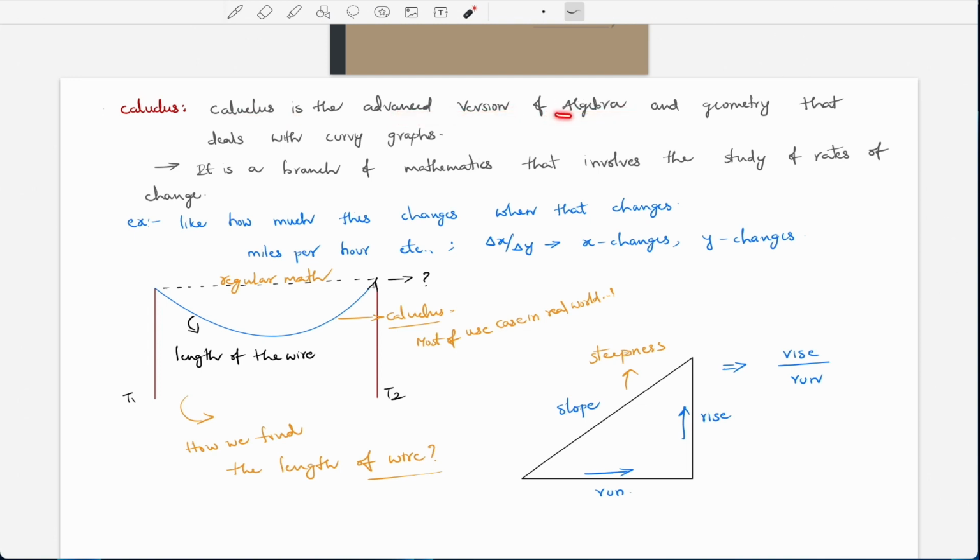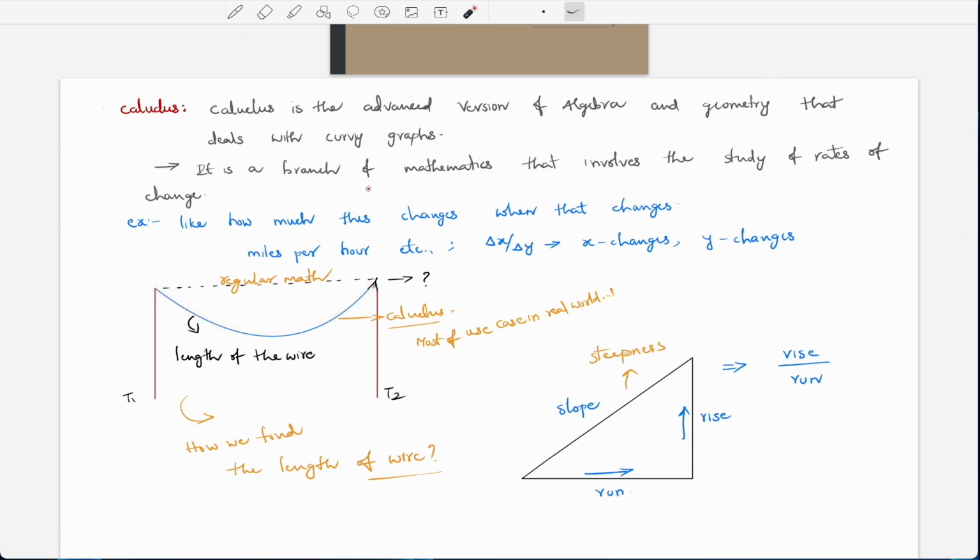We have discussed linear algebra, right? So it's an advanced version of algebra and geometry that deals with curvy graphs, these kinds of graphs.